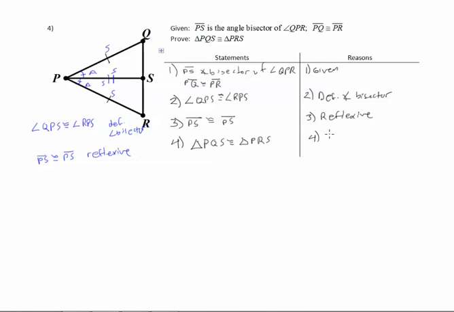And the reason that we used was side, angle, and side. And one side came from our given in step 1. The angle came from our step 2. And the other side came from our step 3. So this is where we get our information from to state side, angle, side.